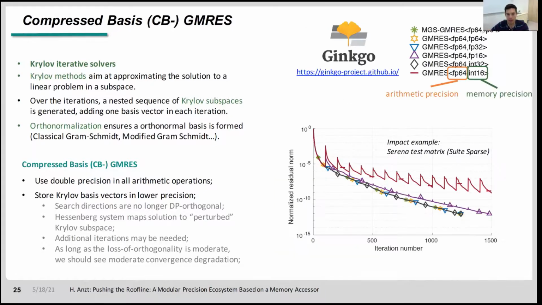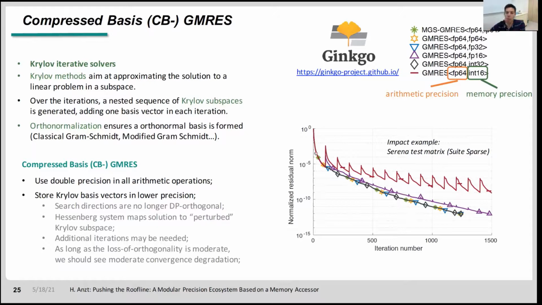This is what we hope to see, and this is a test matrix from SuiteSparse. We first want to point out that we here look at modified Gram-Schmidt-based GMRES using double precision in everything. Then we also look at classical Gram-Schmidt using double precision for everything. These are the green stars and the yellow stars, and this is basically the reference implementation.